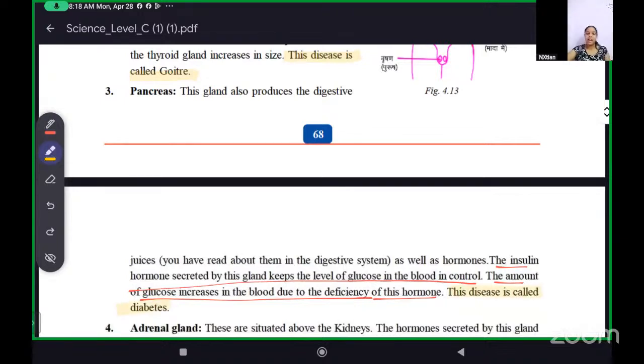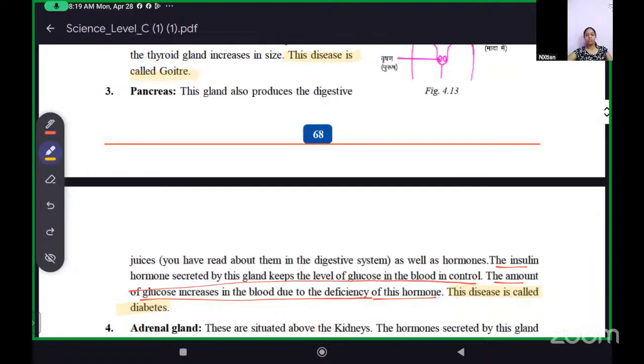How does diabetes happen? We have heard a lot about diabetes. People also say sugar is there, sugar level is high. Why does this diabetes take place? Our body's regulator of glucose, or sugar, is the pancreas. The pancreas secretes a hormone called insulin, which keeps the level of glucose in our blood under control.